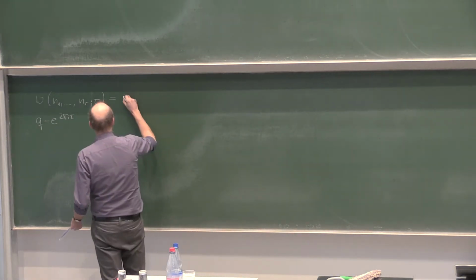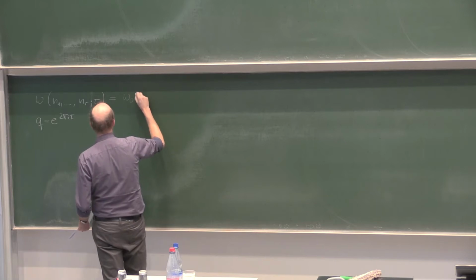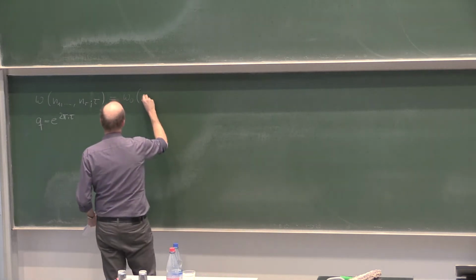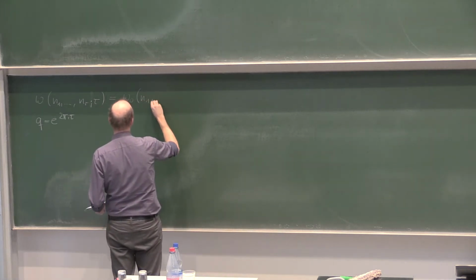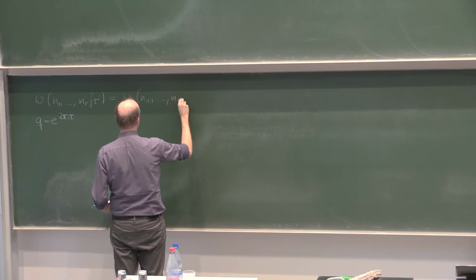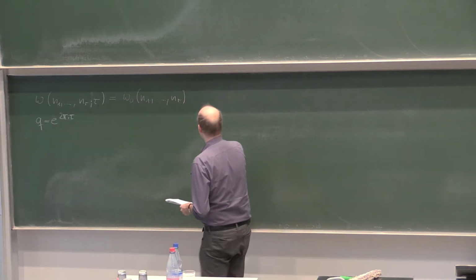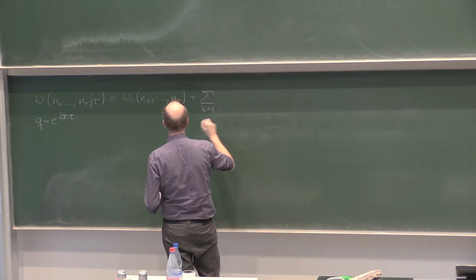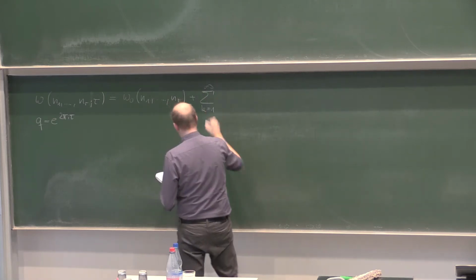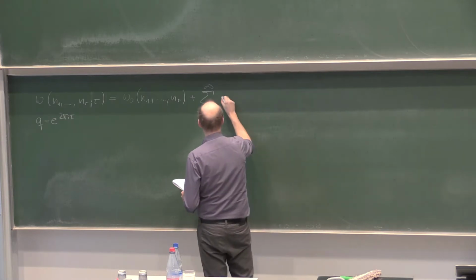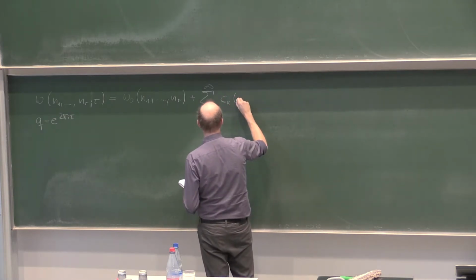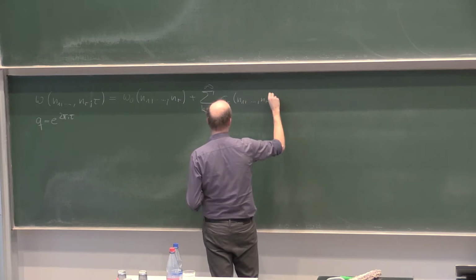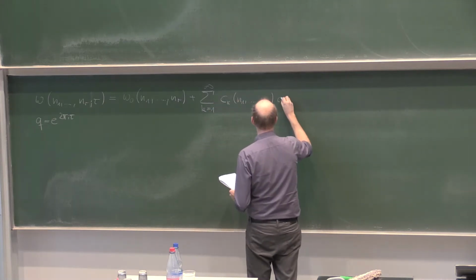And the structure is as follows. One can show that there is a thing, omega 0, which is called the constant term. And in addition, there is an infinite sum, k equal 1 to infinity, with a coefficient ck of n1 to nr times q to the k.